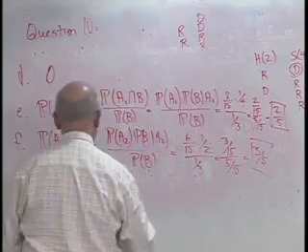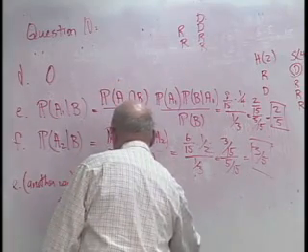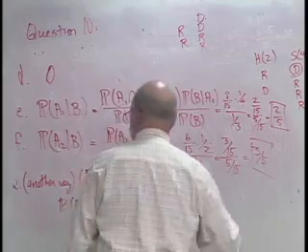There are clearly 4 Republicans you can choose, over 10, which is 2/5.